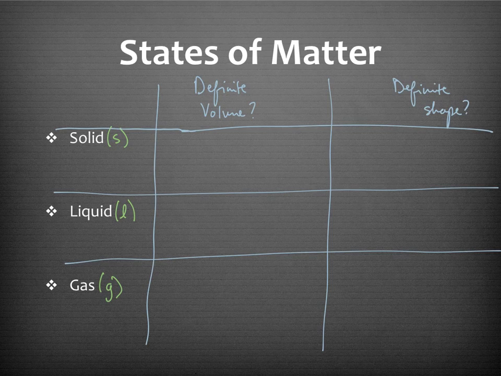Okay, so here I sort of drew out a table. And here I'm asking if they have definite volume or definite shape. Solids do have a definite volume. Liquids definitely do as well, but gases don't. Now for shape. Solids do have definite shapes, whereas liquids, they don't.